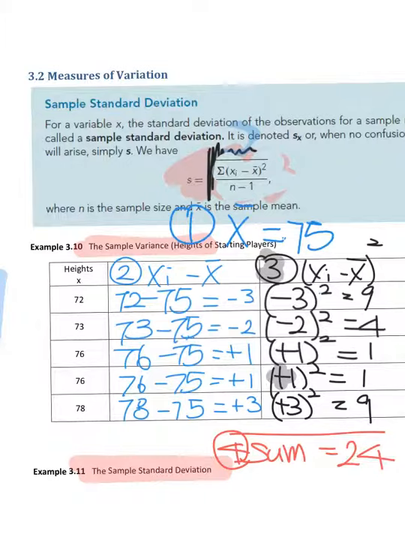So we have to do in step 5, 24 divided by 5 minus 1. 4. How much will be? 6. Who is this? The variance. The sample variance.